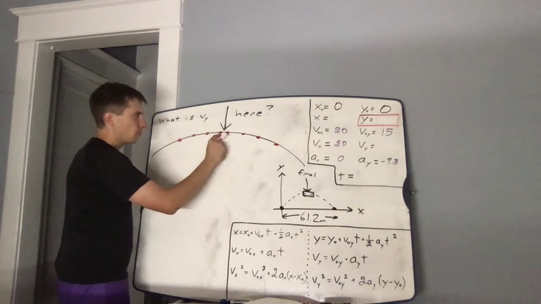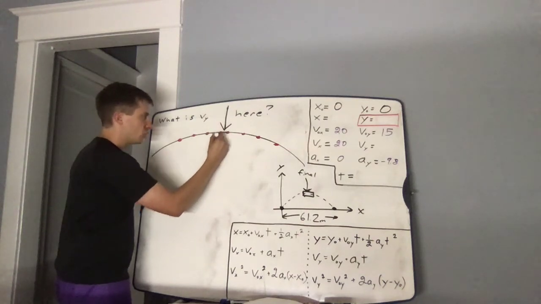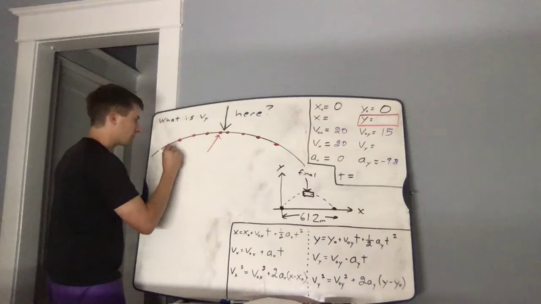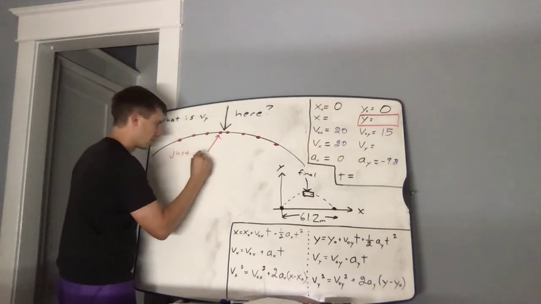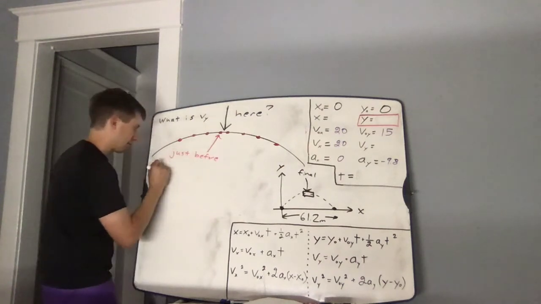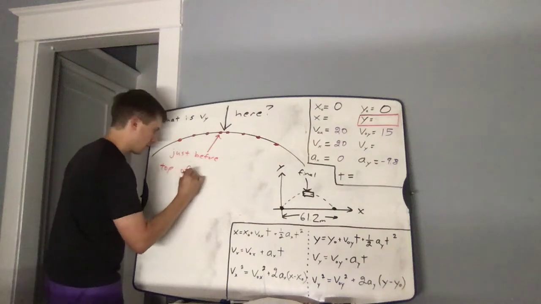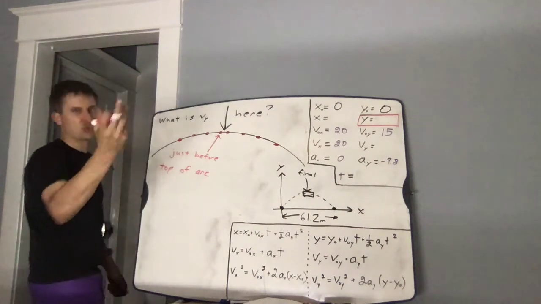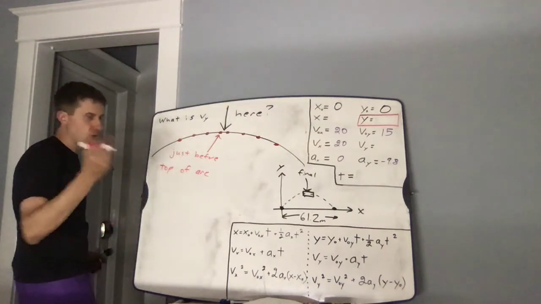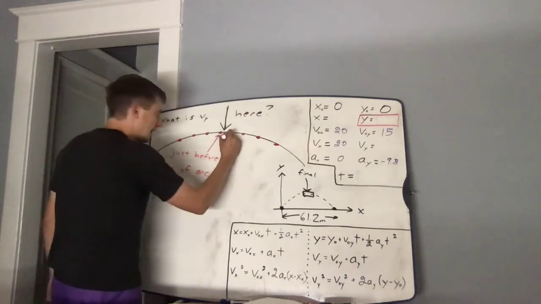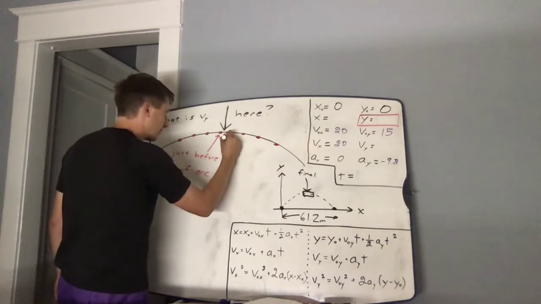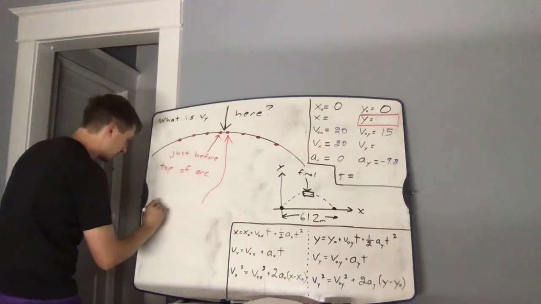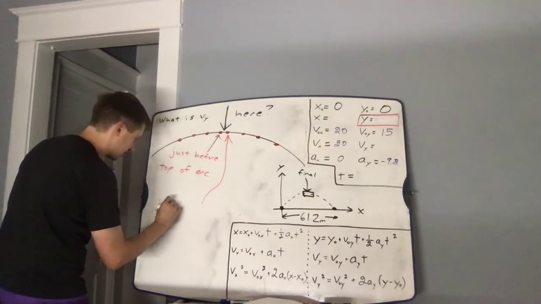Let's say the ball here is just before the top of the arc. Or the path it is traveling through the air would be a more proper thing to say. And right here is the moment just after the ball reaches its max height.